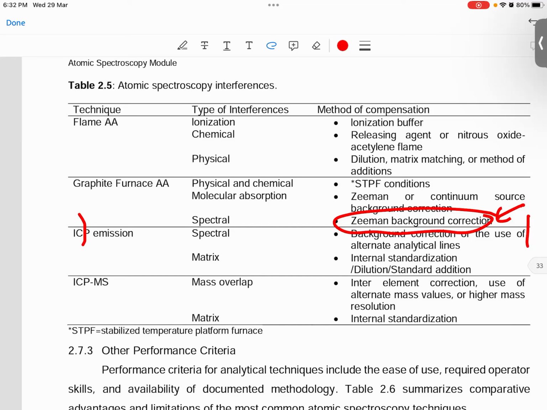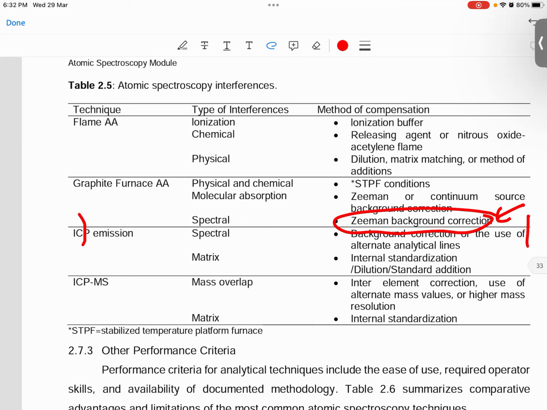If there is a magnetic field, it will split the spectral line. So instead of having a very good single line for a specific wavelength, you're going to have shadows of the lines, because it splits the spectral line.